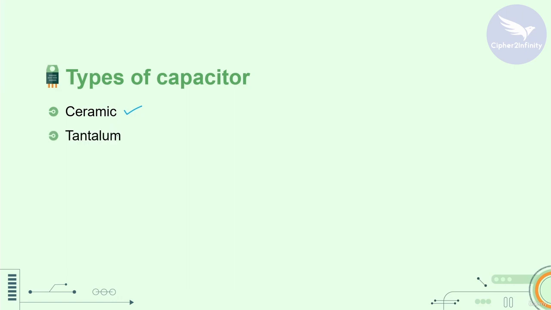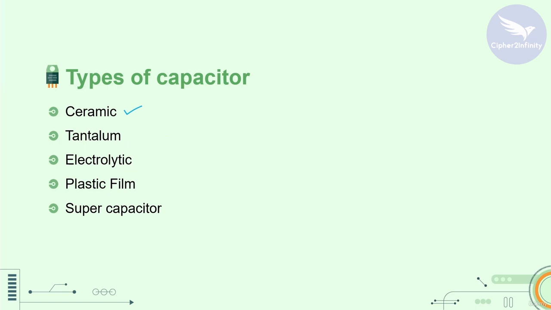Then the next type of capacitor is tantalum. Okay, after that the next one is electrolytic, and after that the next one is plastic film, and in the end the last one is supercapacitor. So these are 5 different types of capacitors which are most widely used when we design the hardware or when we design the circuit.